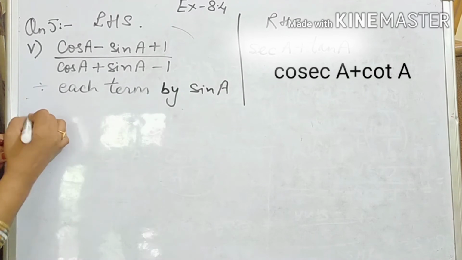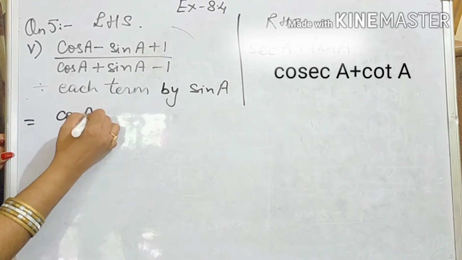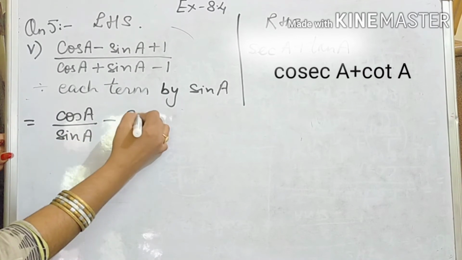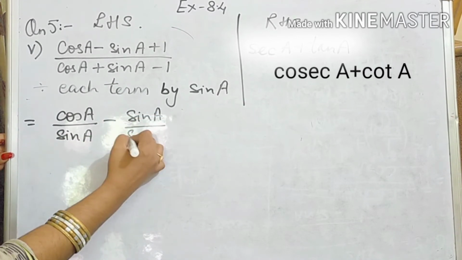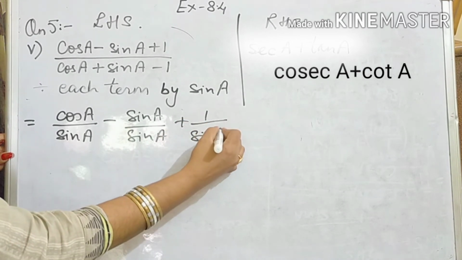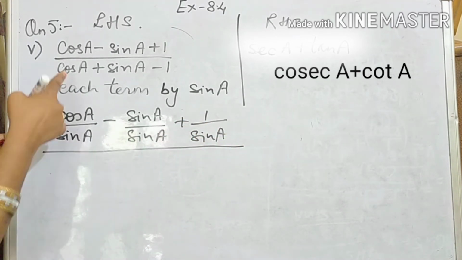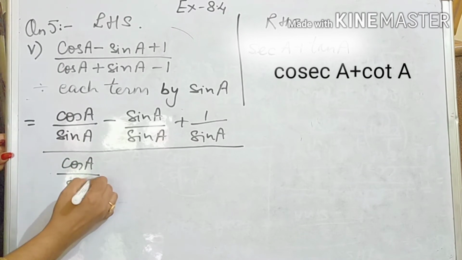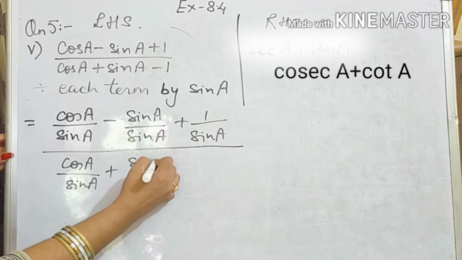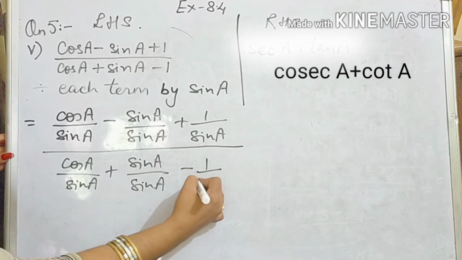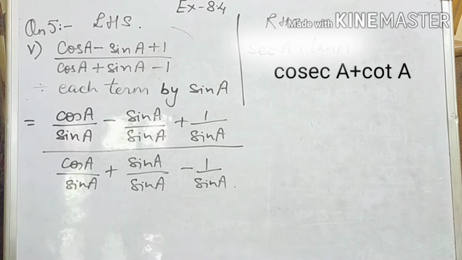Now this will be equal to cos A by sin A minus sin A by sin A plus 1 by sin A, divided by, again, cos A by sin A plus sin A by sin A minus 1 by sin A. Now can you see something?